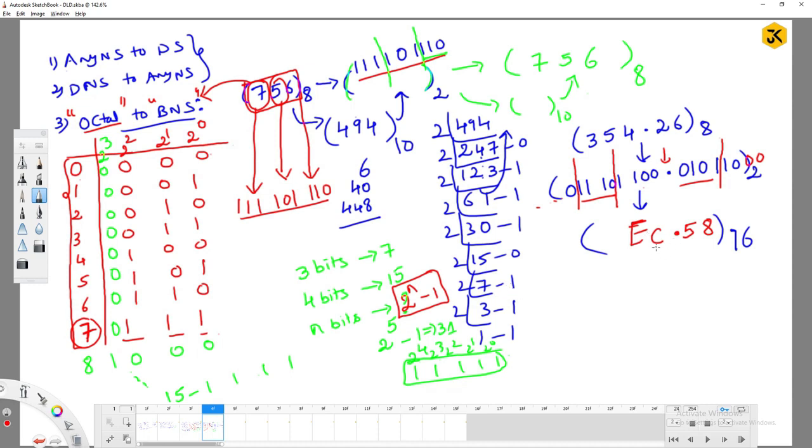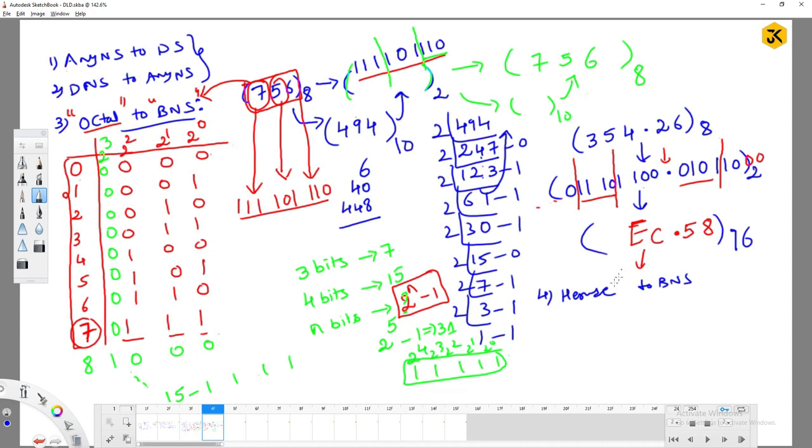If somebody tries to convert this into a binary number again, you have to take every number as 4 digits, not 3 digits, because it is the hexadecimal number system. Like this, you can convert. One more kind is hexadecimal to binary, which I think I have covered, because we can take 4 bits as one part.